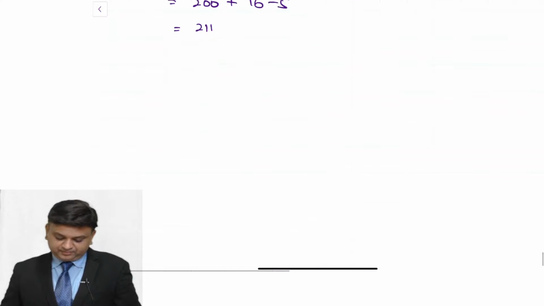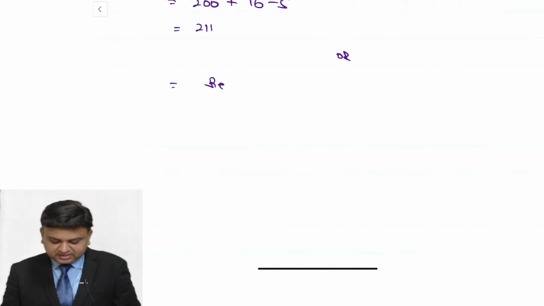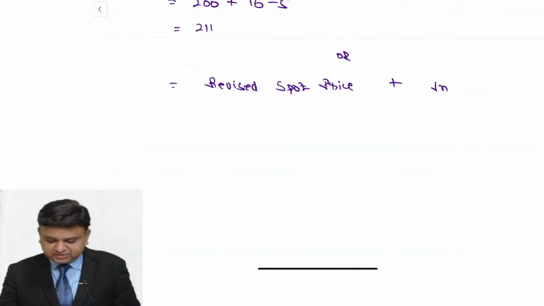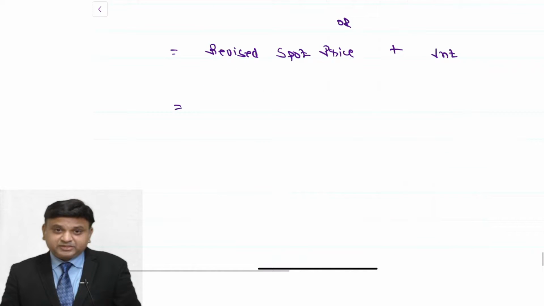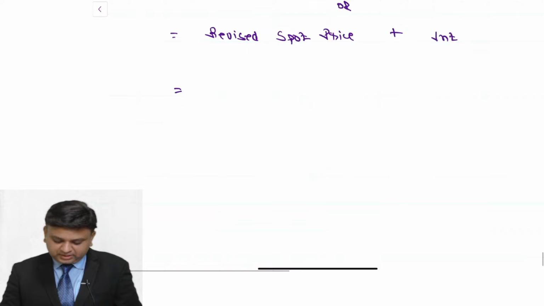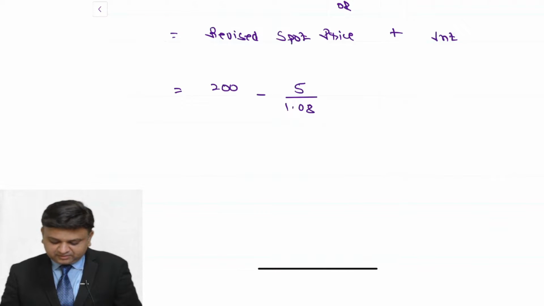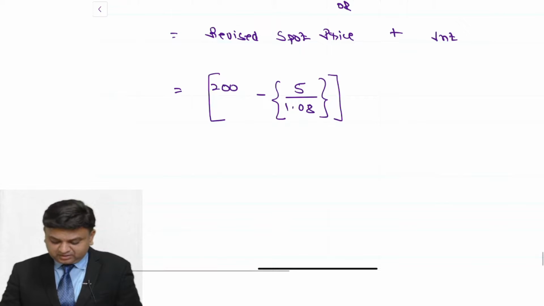At the same time, we have an alternative method also, wherein we understand that it is revised spot price plus interest. Revised spot price will be calculated as 200 minus 5 divided by 1.08. So you compute the present value of the dividend and you deduct the same from the spot price of the security, and this entire amount is compounded at the end of the year, so into 1.08.